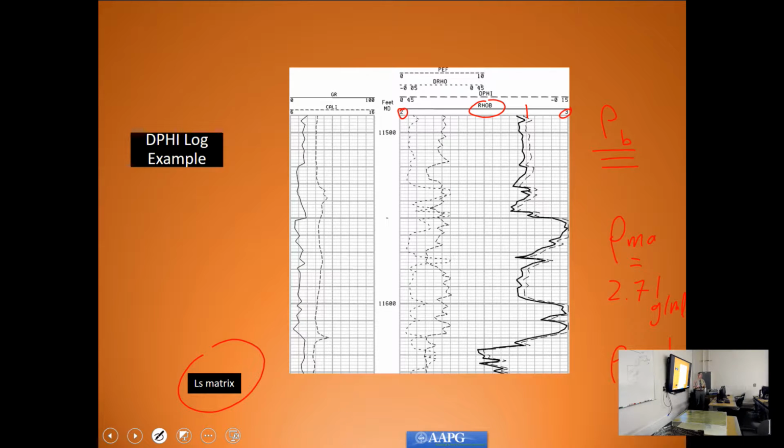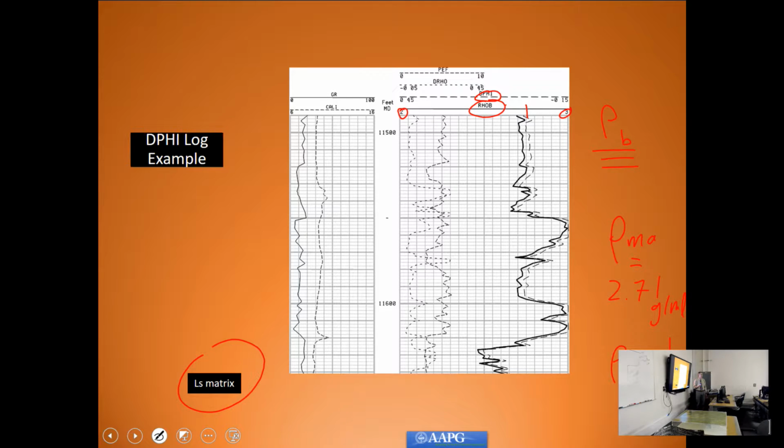If it's salt, a little bit higher, maybe 1.1. If it's oil-based fluid, not all oils are the same. There's different proportions of oil and water, obviously, but maybe 0.85 grams per milliliter. But it makes a difference. So that's the portion of your log that relates to density and porosity. So there's your model porosity, and there's your measurement of density.